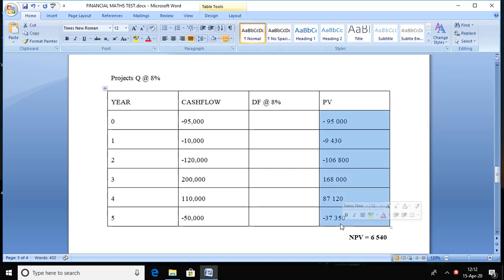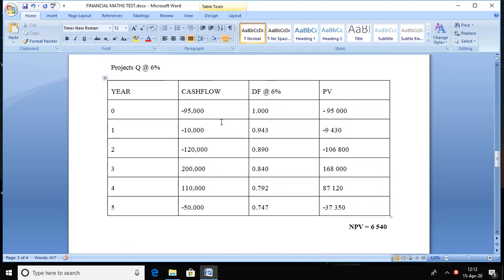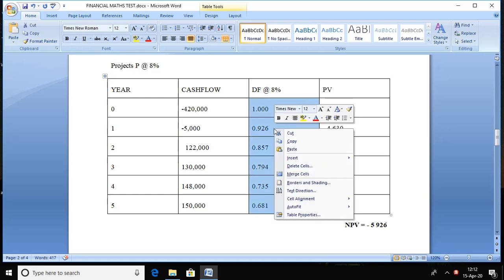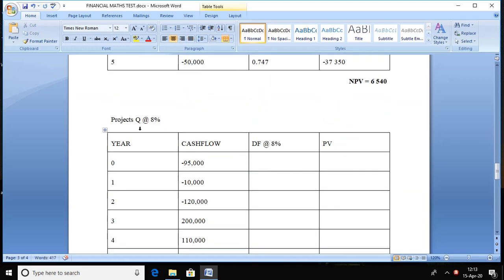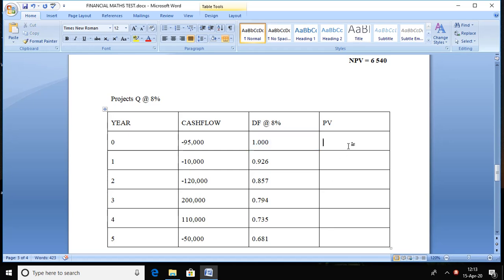So our PVs will be different and also our net PV will be different. So at 8%, what are the net PVs? So what we are going to have from the table are the same values at 8%, bring them down there. We have those values. Let's calculate the PVs.